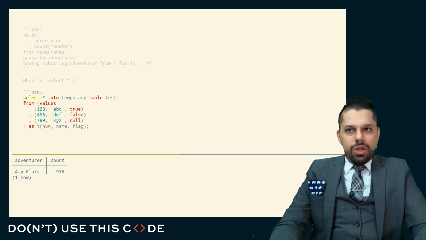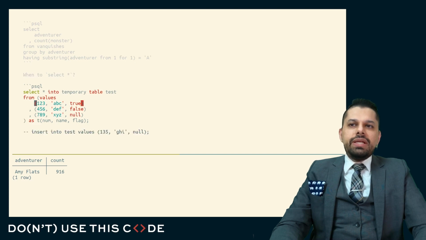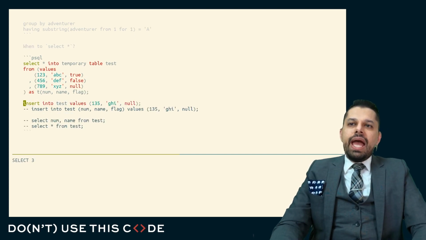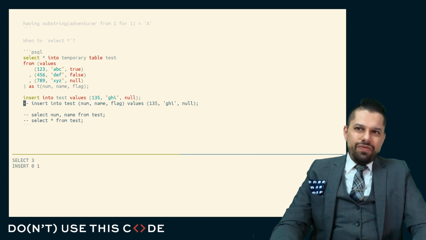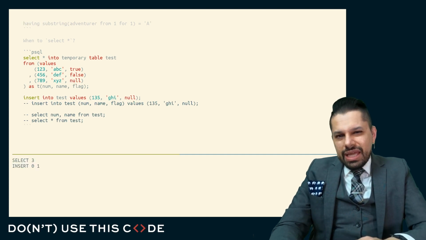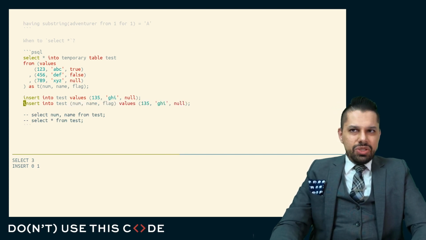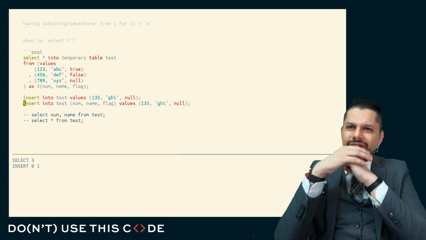Now, the last thing that I want to talk about is the select star, which you've seen many times. So here I'm going to select a bunch of values into a temporary table. And you can see I could insert additional values in this table. And you know what? When I do the insert, I don't have to specify the columns. That's actually optional. And you could think, why would I ever want to specify the columns?